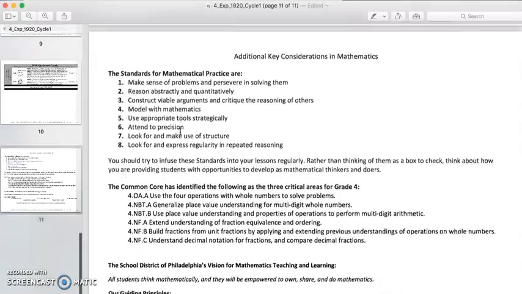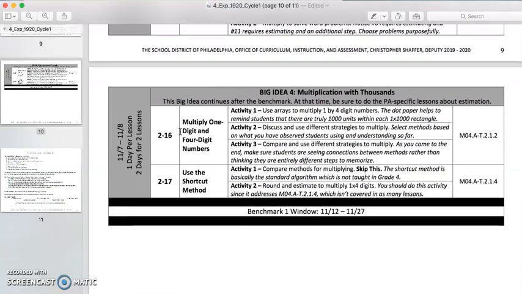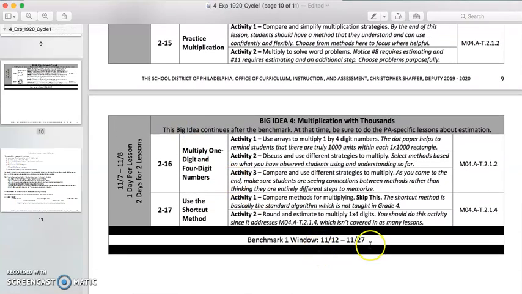And we'll come down to the end of the benchmark window. The benchmark cycle: your window opens on the 12th, your lessons were finished on the 8th, and you can move on to cycle 2. Cycle 2 is not available yet.